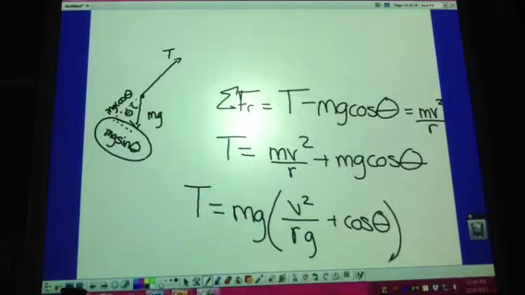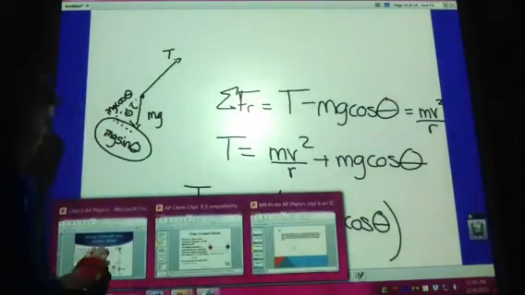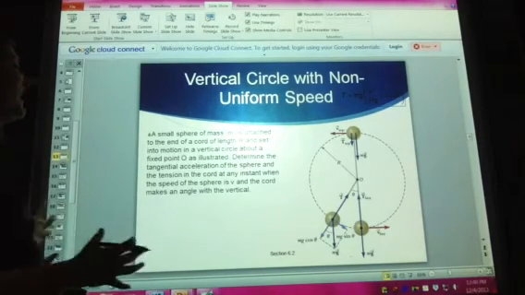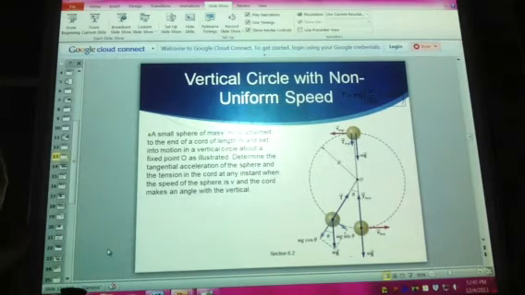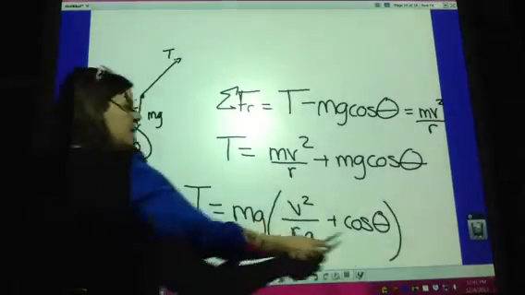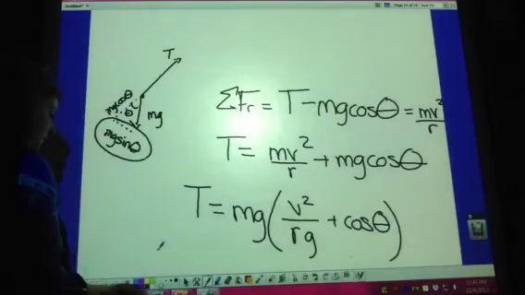So that would be my expression to represent tension. That answers our second question, determining the tension in the cord at any instant, in terms of v and in terms of theta. So we answered that question.